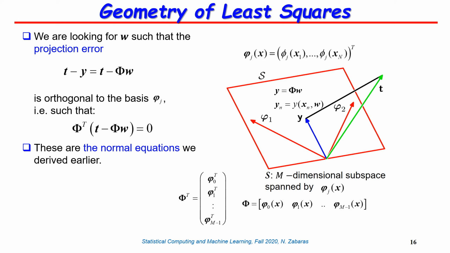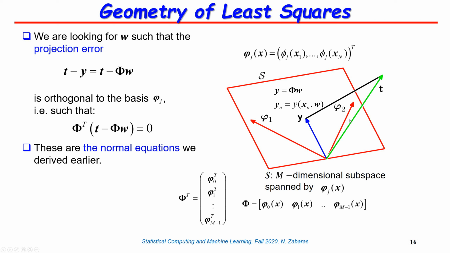And that's the geometric interpretation of least squares. So the geometric interpretation: the solution that you're computing is an approximation of T in the subspace that is spanned by the columns of the design matrix phi. So effectively, the optimal solution is the projection of T, that's the projection Y, this blue vector, on the subspace S spanned by the vectors phi1, phi2, etc. And again, pay attention, these vectors are the n-dimensional vectors.